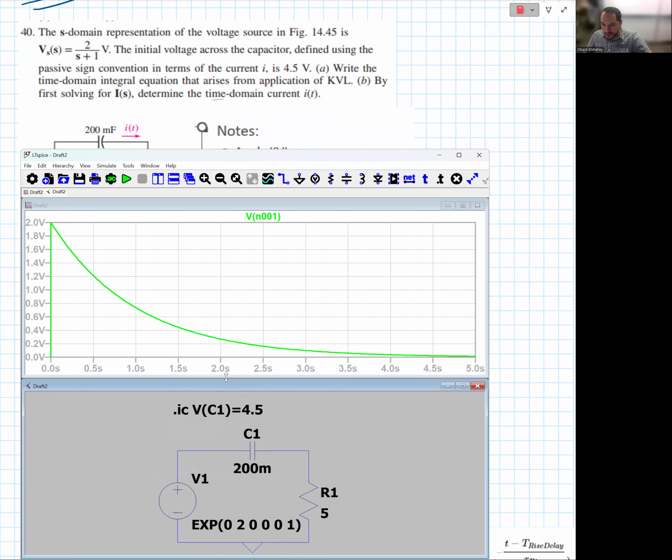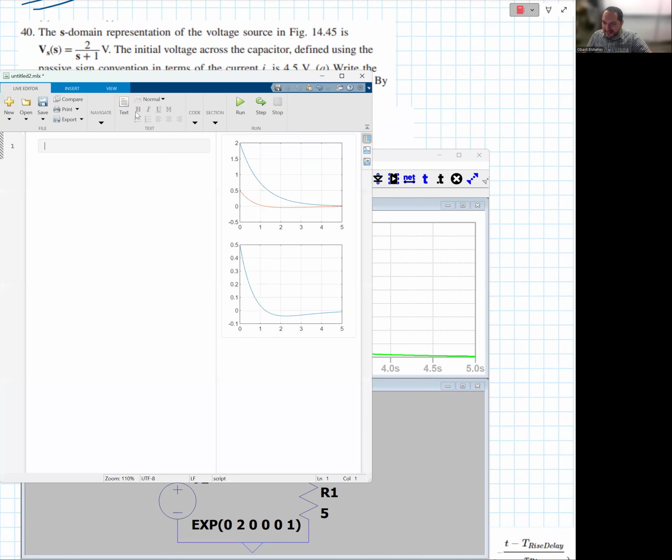So let's first check our source. Is this correct? If we aren't sure and we want to check, we can check it quickly in MATLAB.